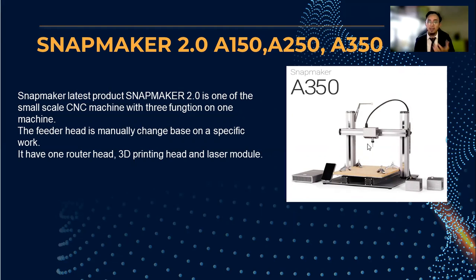what my project is all about is, we want to make a machine that can run three processes continuously without any post process of changing heads, changing tools, and whatsoever.